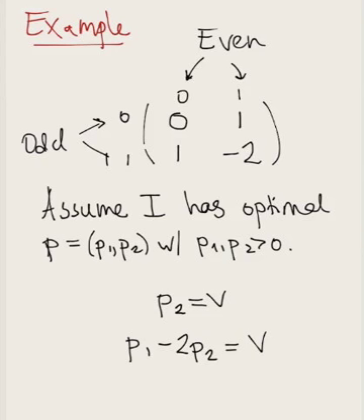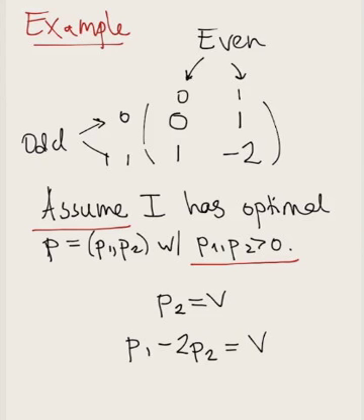Now if we want to use the previous theorem, we have to make some assumptions. And the assumption we're making here is we're going to assume player number 1 has an optimal strategy where there's a positive likelihood of choosing either row. So we can apply the previous theorem both to row number 1 and to row number 2.